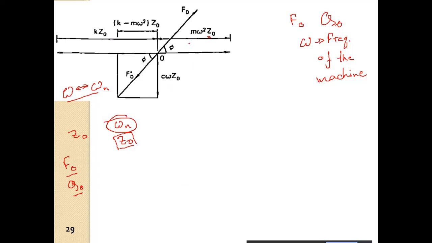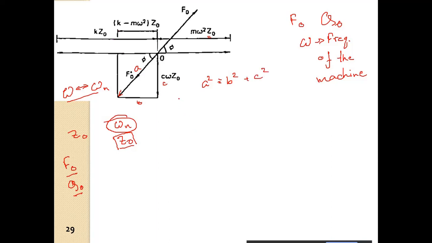So first of all, let us find out what is F0. It can be easily found out. Suppose this is A, this is B and this is C. So A square is equal to B square plus C square.